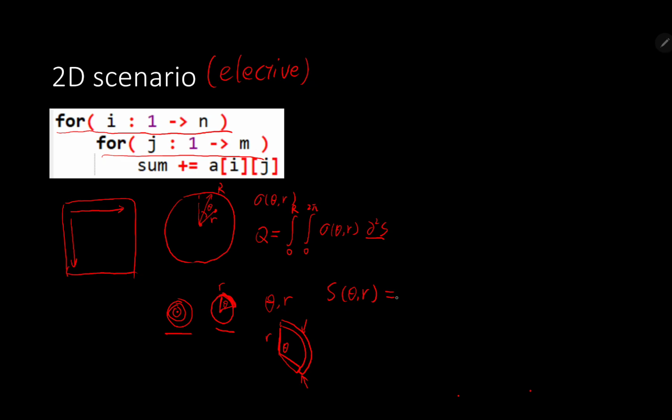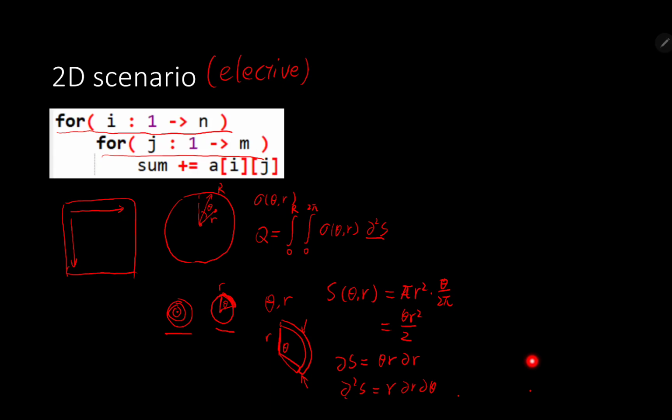So the area of this sector is equal to pi r squared times theta over 2 pi, right? So it is theta times r squared divided by 2. So what is the partial squared of s? We know that partial s with respect to r is equal to theta times r partial r. And again, partial squared of s with respect to theta is actually equal to r times partial r partial theta.